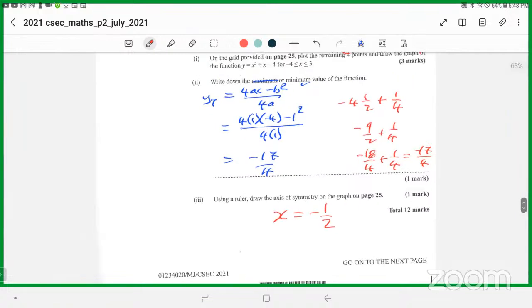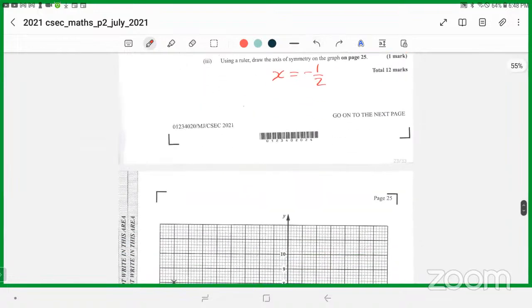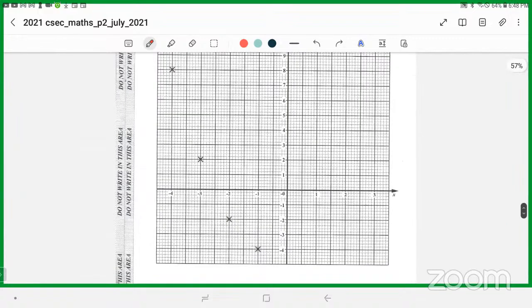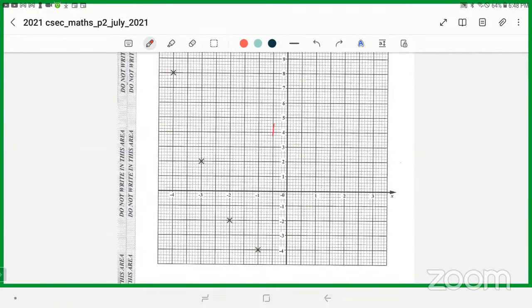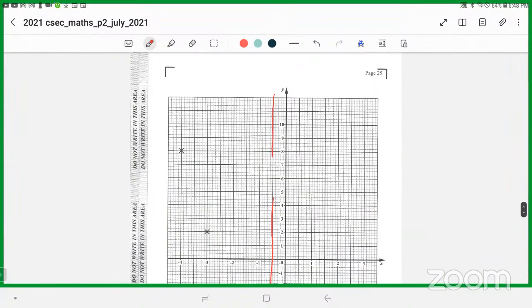We have to draw. They want us to draw the graph too. We didn't plot the points. We have to draw the graph. The first part was to complete the graph on the next page. Over here. So the axis of symmetry is x equals minus a half. That's this line. That's the axis of symmetry. So you use a ruler and draw it, right? x equals minus a half.